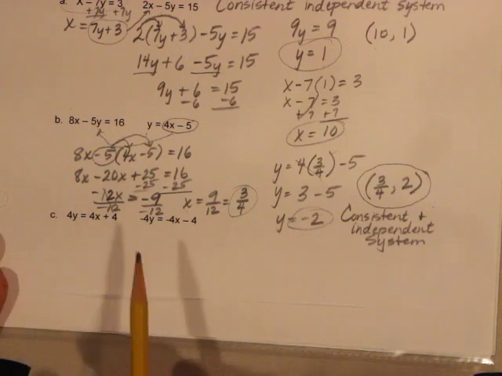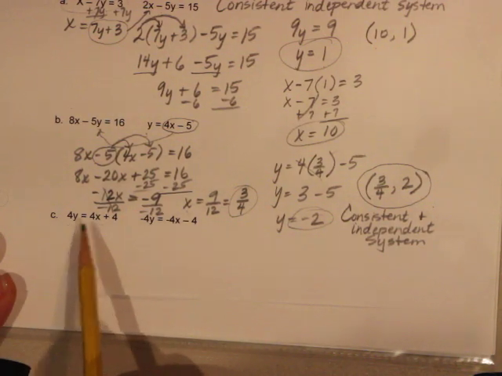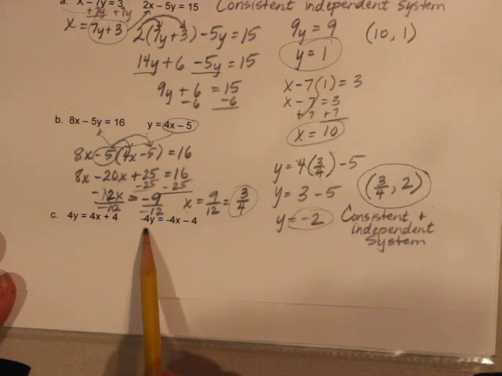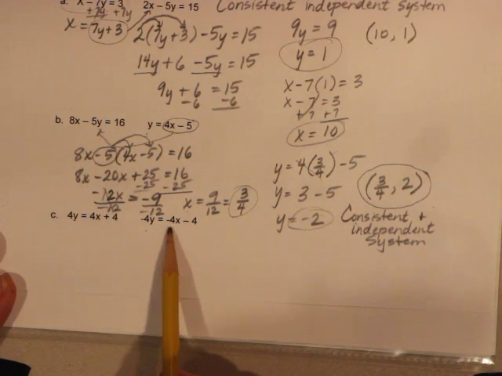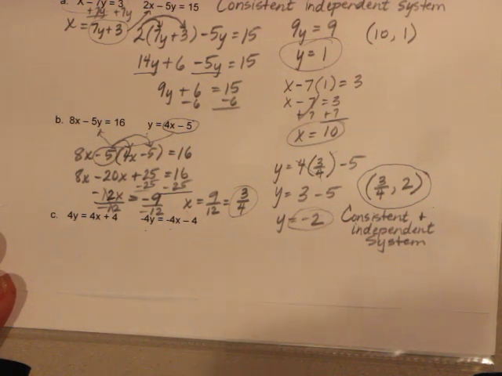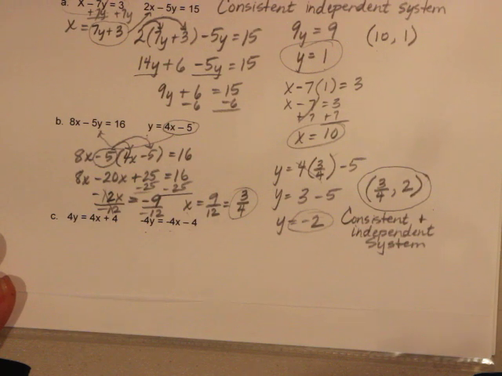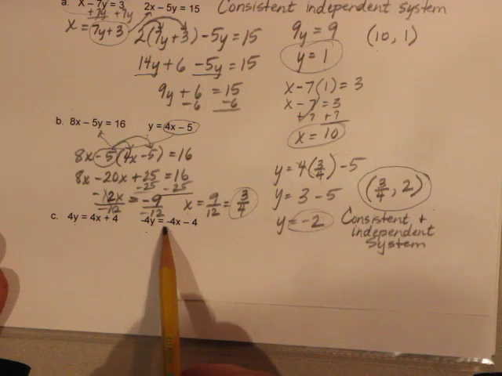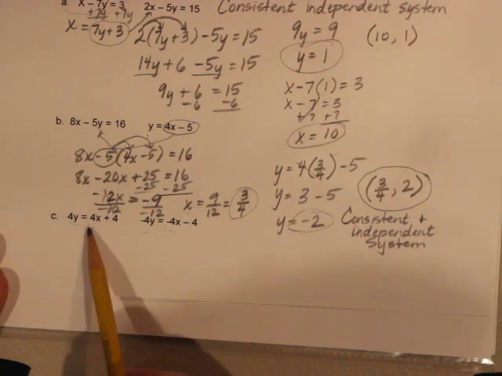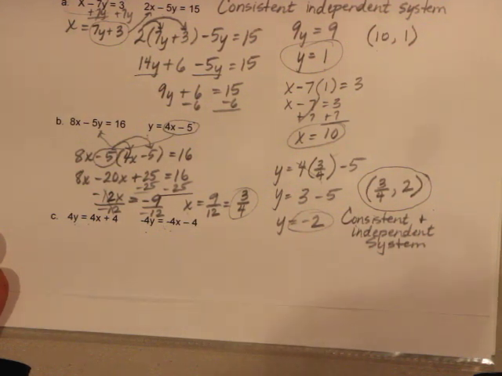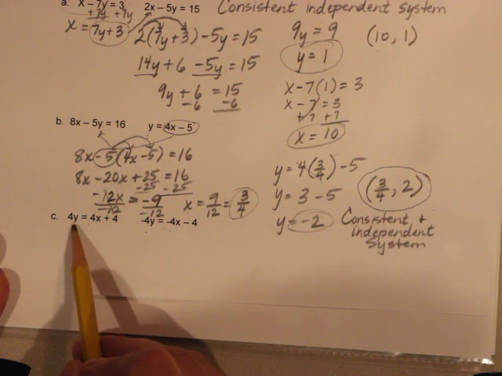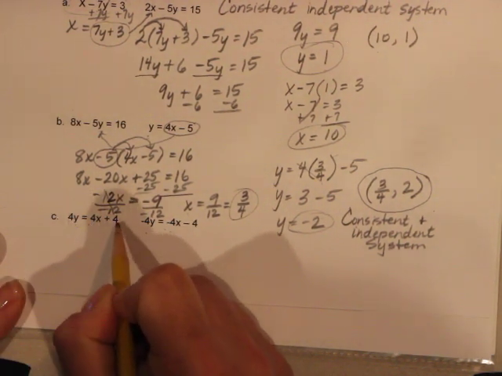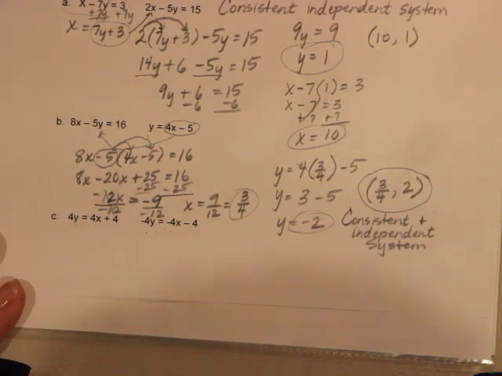Okay, one last set of equations to go. I've got 4y equals 4x plus 4, and negative 4y equals negative 4x minus 4. I hope that you're seeing what's happening here. If I were to multiply either one of these equations by negative 1, let's just multiply this one by negative 1, as long as I multiply every single term, that keeps the proportions consistent.